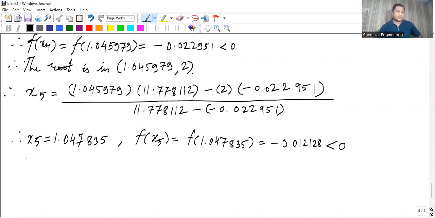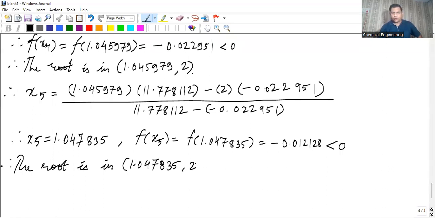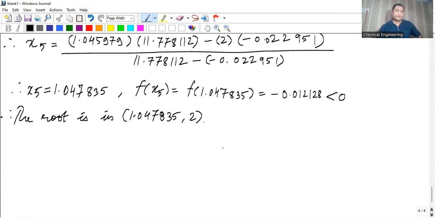So again this is less than 0. So we can say the root is in 1.04783522. Okay, so the accuracy is not matched, so we have to go for one more iteration.